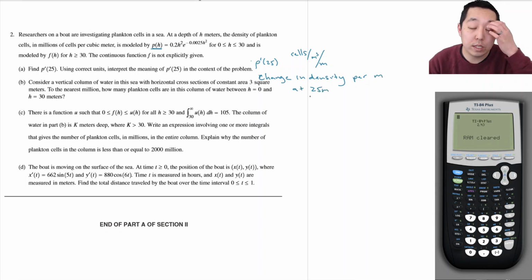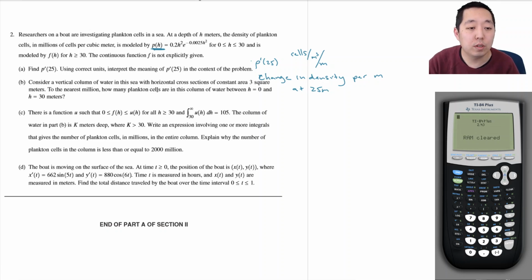So it's the rate that the density is changing per meter at 25 meters. That's what that slope represents. It's the change in density divided by the change in the height. So per meter you go down, it is the rate that the density is changing, which is in cells per cubic meter per meter.